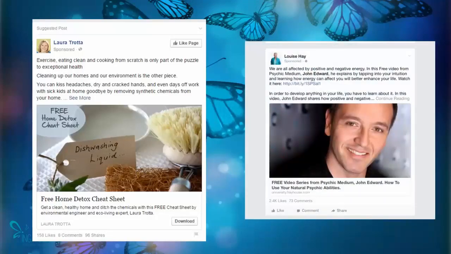Or what I love, Louise Hay's or Hay House ads, because you don't notice that they are ads unless you read that it's sponsored. So again, nothing screaming color-wise, but it's a nice smiling photo, and they put together all this information that you either decide is valuable for you or not.